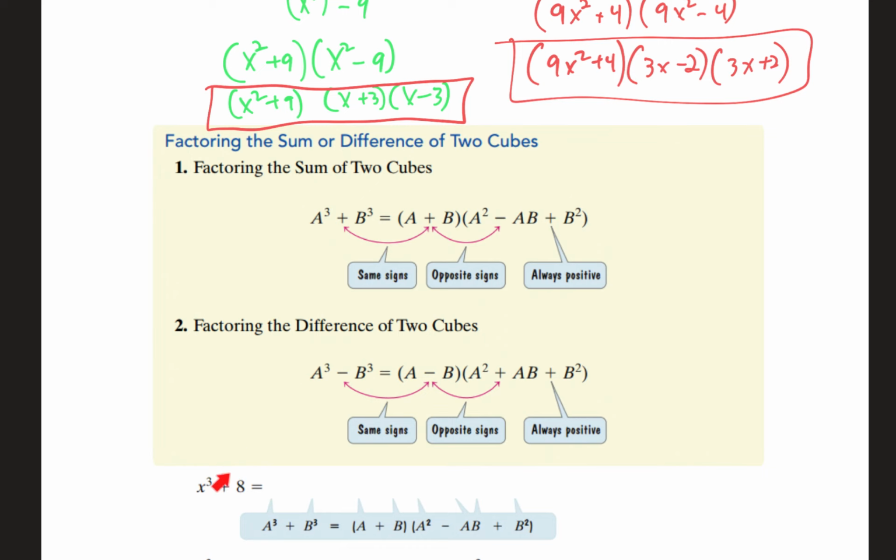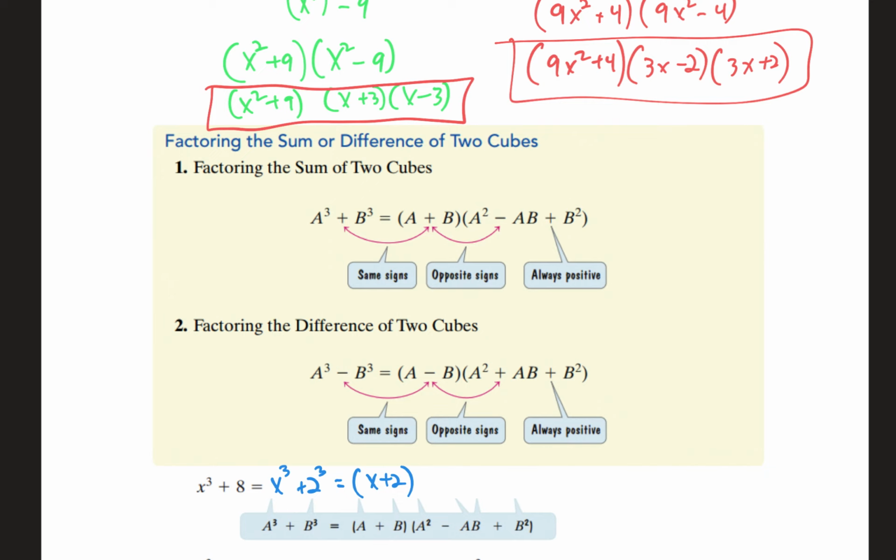Now, if I have the expression x cubed plus 8, well, that's really just x cubed plus 2 cubed. So if I wanted to rewrite that using the expanded formula, I can just say a plus b, which would be x plus 2.